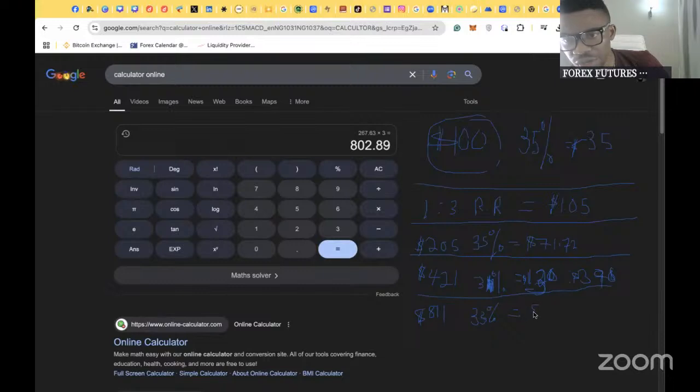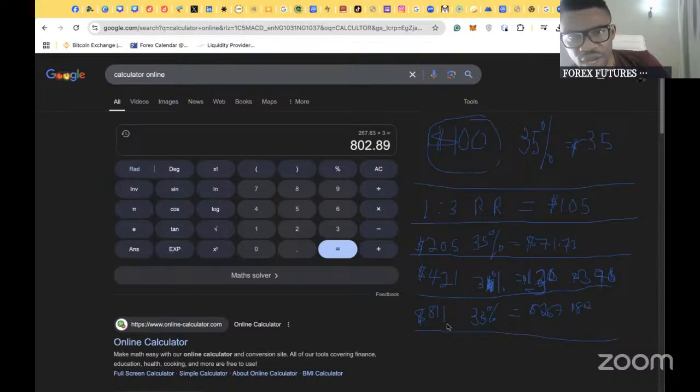So we are supposed to risk 267. Then the reward will be 802. Yep. Then that will be stage 5.